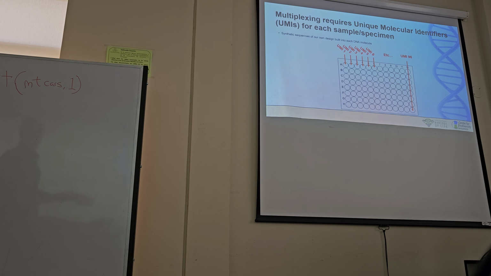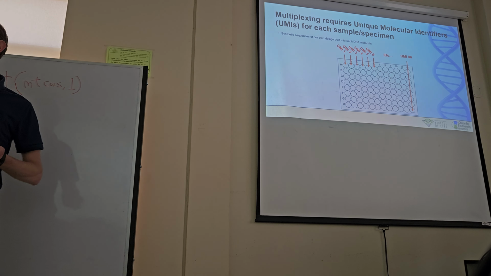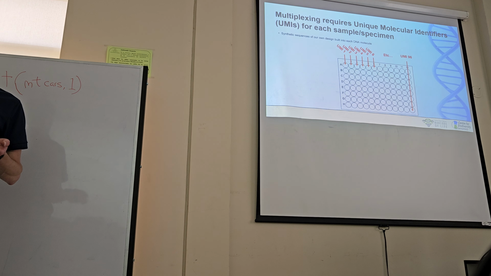Yeah, multiplexing, we've kind of been alluding to this a lot, but I haven't really explained in detail what it is. So, as I say, any NGS method will give you millions of reads per reaction. So the way to get sort of economic use out of that is to load lots and lots of samples onto the same reaction. You get lots of reads at the same time.